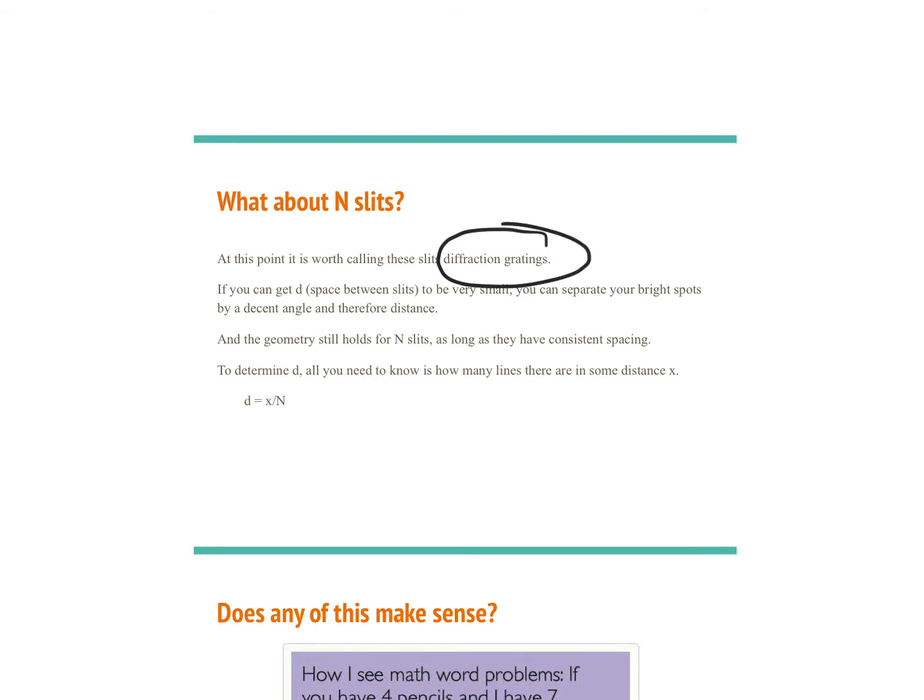Diffraction gratings are excellent. They're really good at getting you to separate light in a very predictable way, and for a lot of precision measurements that are used in laboratory settings, diffraction gratings are the go-to choice for spreading out the spectrum of light.